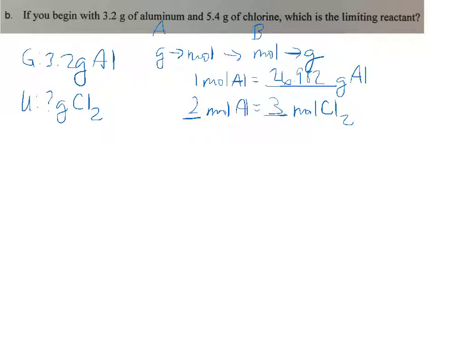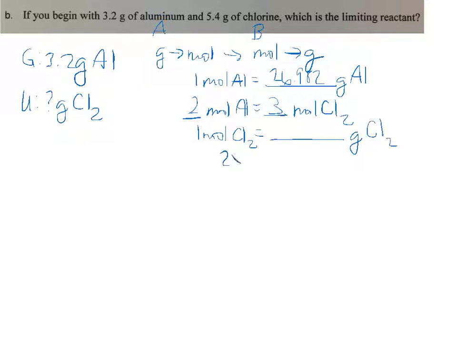And then the last one is right here, where we go from our moles of our substance B, which is chlorine, because now we're in moles of chlorine, into grams of chlorine, the mass of chlorine, and we need to use the molar mass of chlorine to be able to do that. Chlorine is a diatomic in its elemental state, so we actually have to calculate the molar mass for this. We can't look at just straight up on the periodic table.